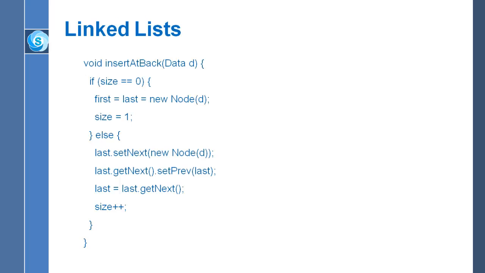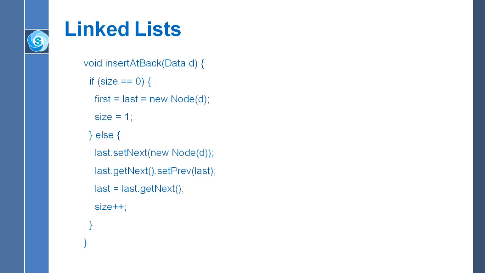It's acting on the new node. We're going to be changing the new node's prev pointer. I know this is a little bit mind-bending. Because last.getNext is the new node, we are now changing the new node's prev pointer, and we're changing it to point to last. We're changing it to point to the node that is currently considered the last node.